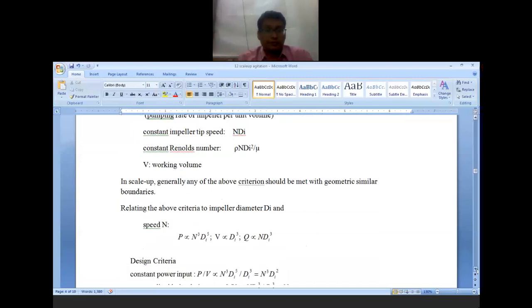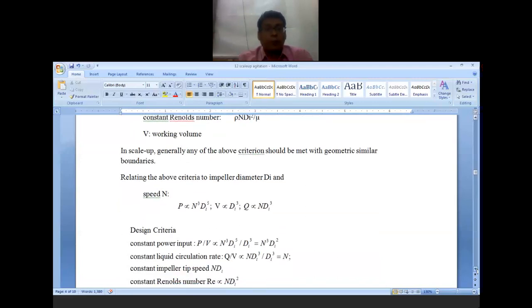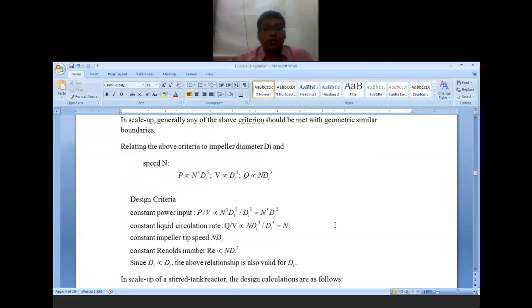Now to the scale up. Your power is proportional to N cube into D raised to the power 5, volume is directly proportional to Di cube, and volumetric flow rate is N into Di cube. So for constant power input, the P upon V ratio comes as N cube Di raised to 5 upon Di cube, and after simplification you will get N cube Di square.